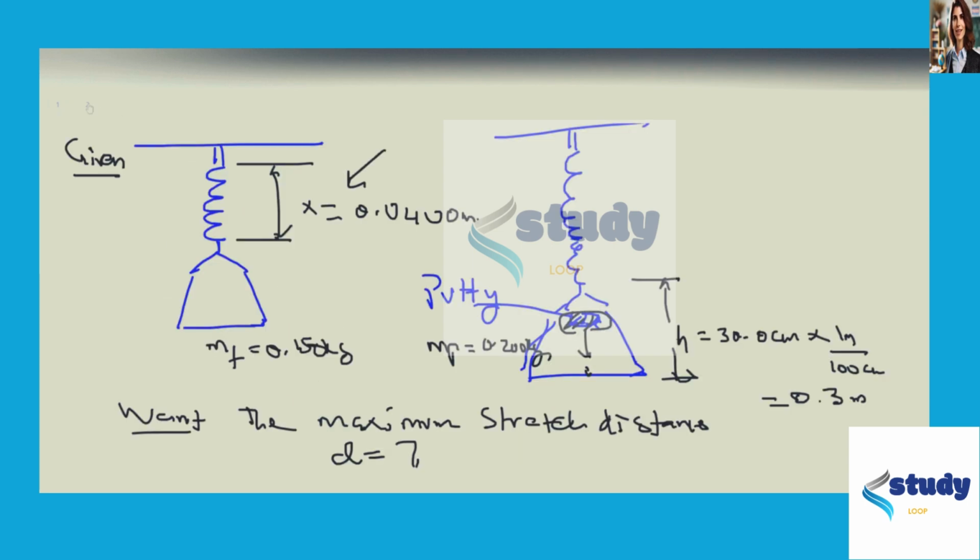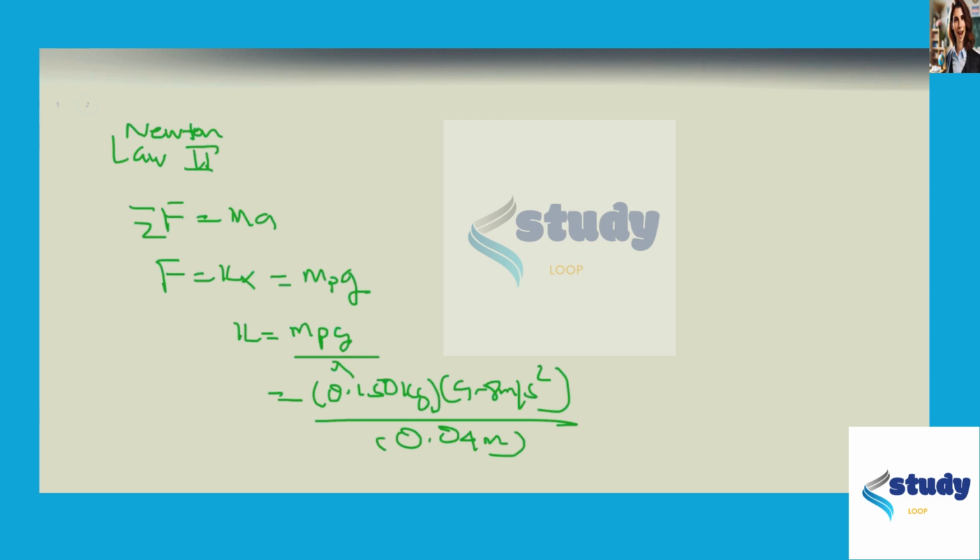So initially we can get the spring constant just based on initial conditions.